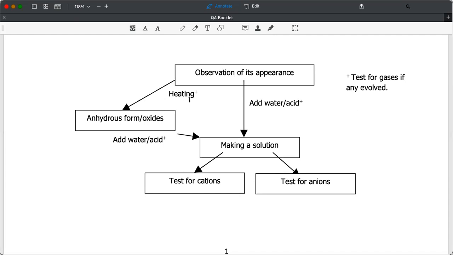Or the solid could undergo thermal decomposition or heating to form oxides before adding water or acid to make it into a solution. So these are two ways of making a solution before we can test the cations or anions present in the solution.